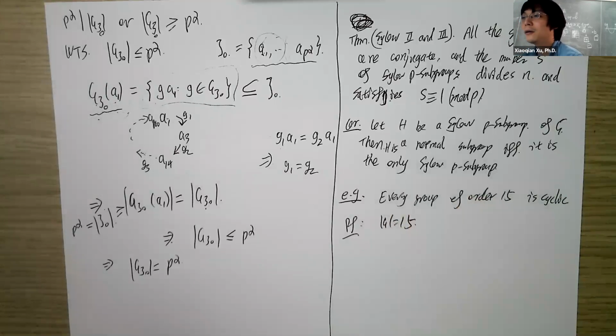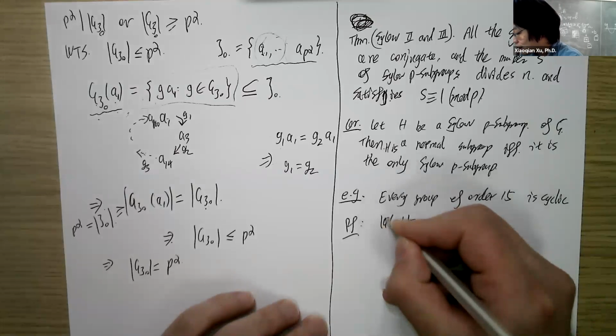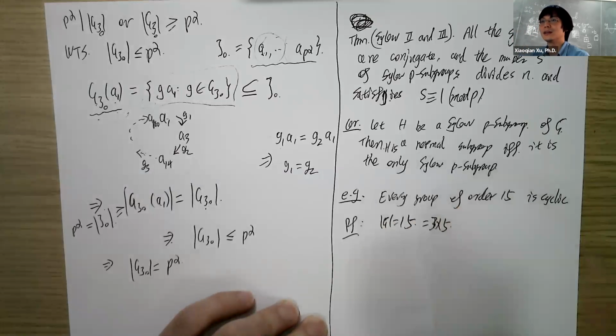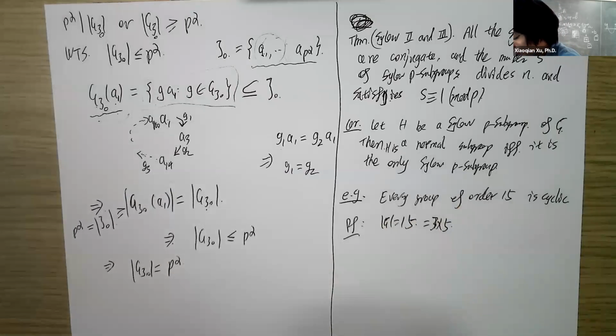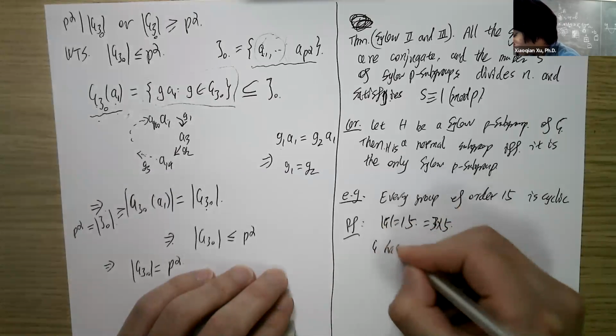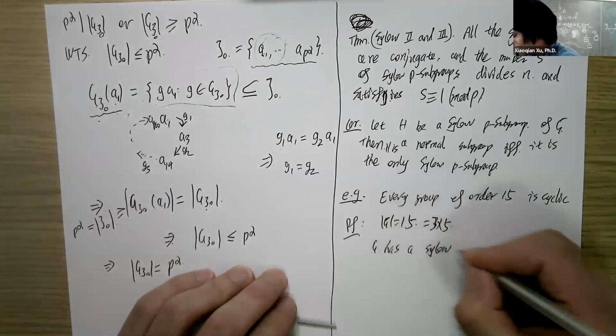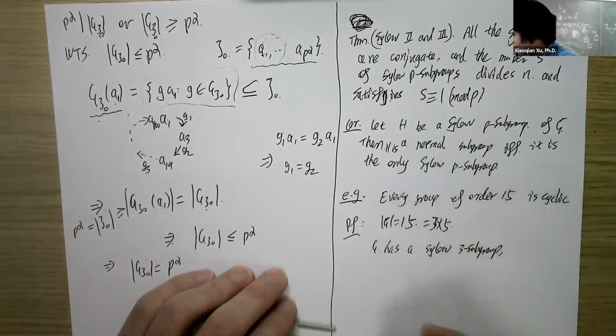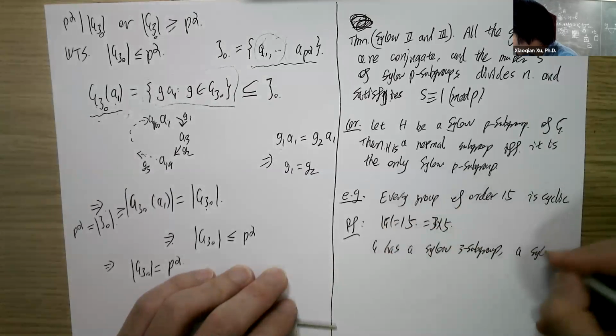What could we know about Sylow subgroups of this group? It has only one Sylow 3 group and a Sylow 5 group, each one. Yes, that's right. So we know that 15 equals 3 times 5. So G has a Sylow 3 subgroup as well as a Sylow 5 subgroup.